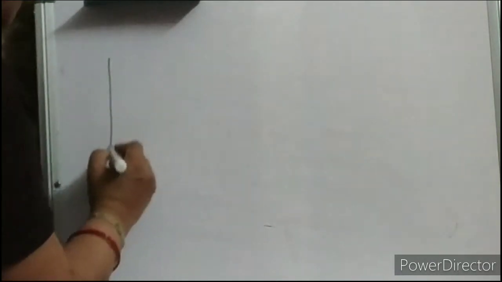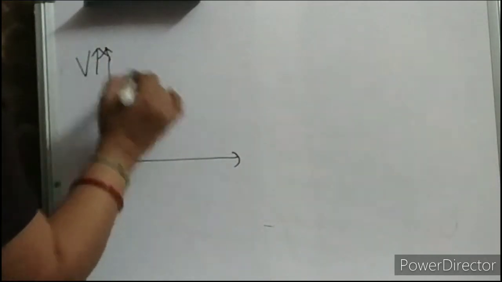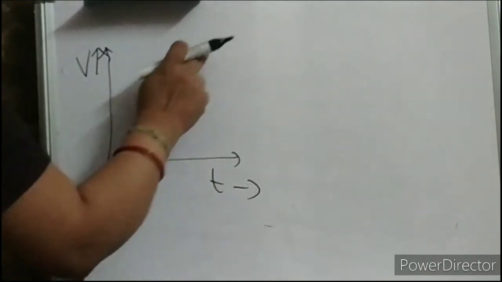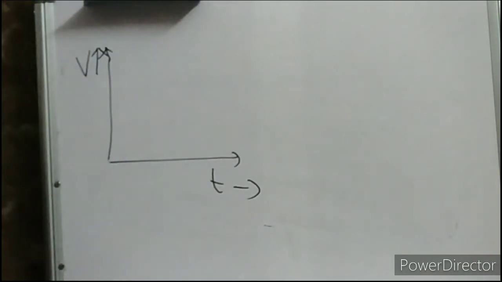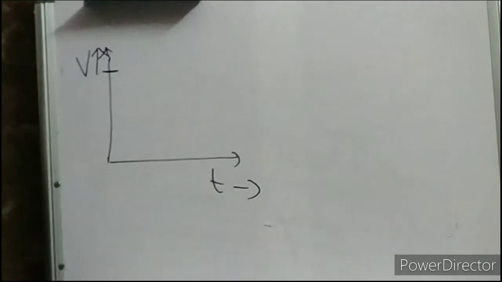Uniformly decreasing. That means we are talking about retardation, children, nothing great. So don't get scared with these terms. Okay. So uniform acceleration means you are getting a graph like this. Uniformly decreasing means at the starting point there is some velocity.